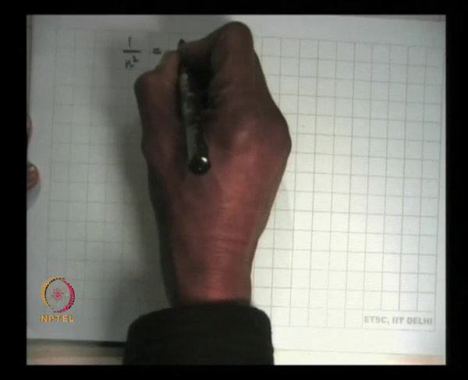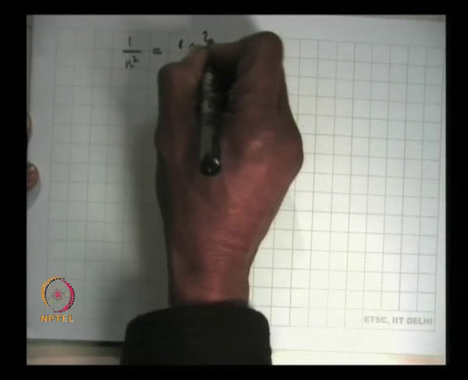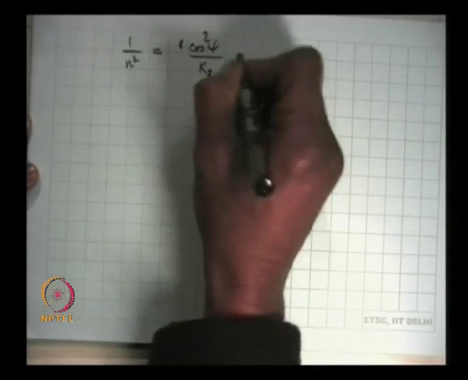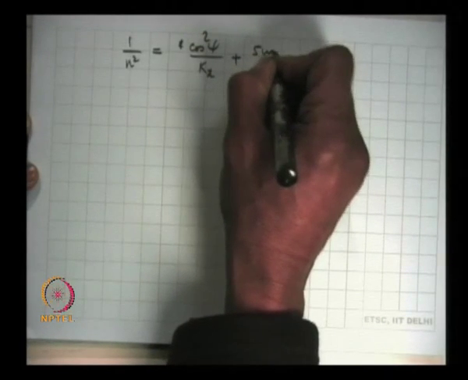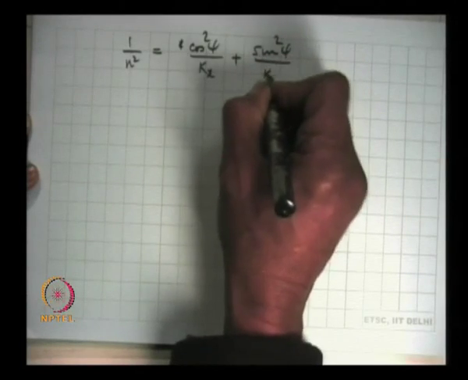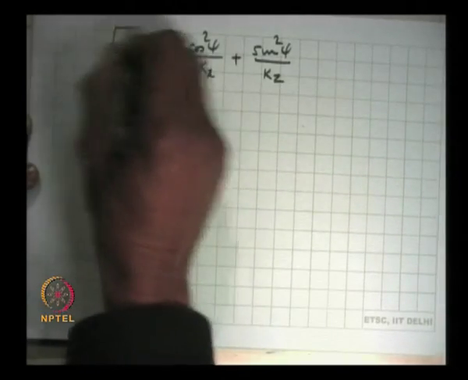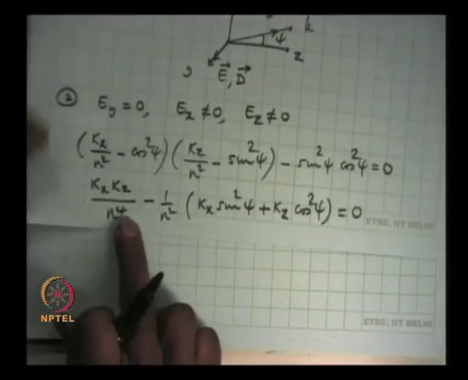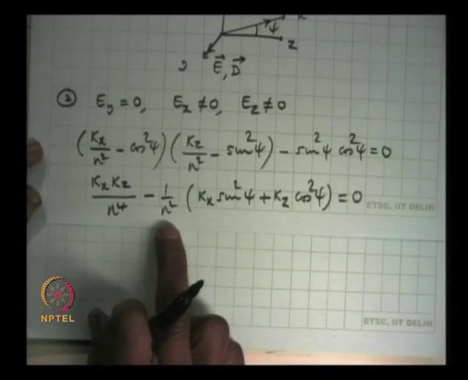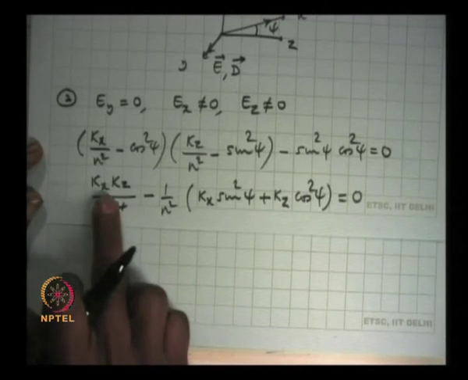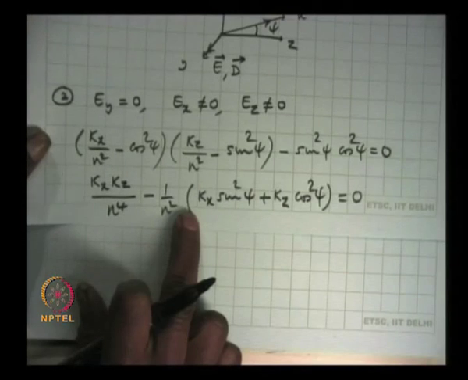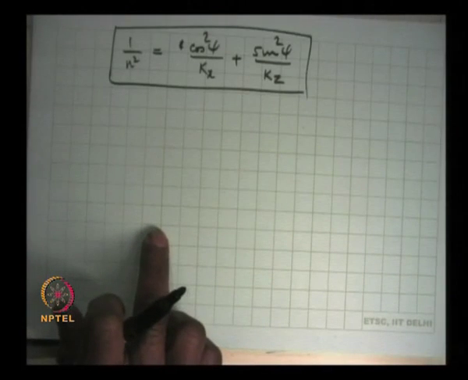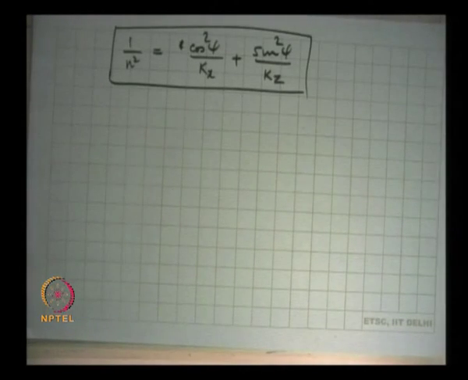In this equation I have removed 1 by n square, it is not 0, and I have divided by k x k z. So, I will have cos square psi by k x plus sin square psi by k z is equal to 1 by n square.